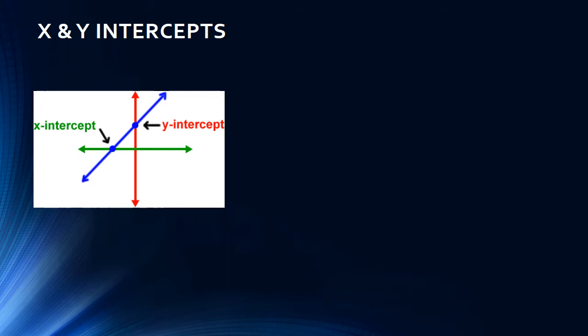Remember that an x-intercept always has a y value of 0, because everywhere along the x-axis, the y value is 0. And by corollary, the y-intercept is where the function crosses the y-axis, and the x value for a y-intercept is always 0, because the x value on the y-axis is always equal to 0.